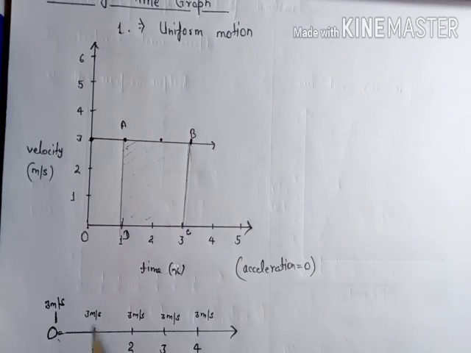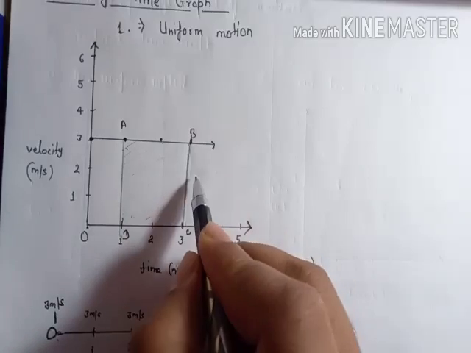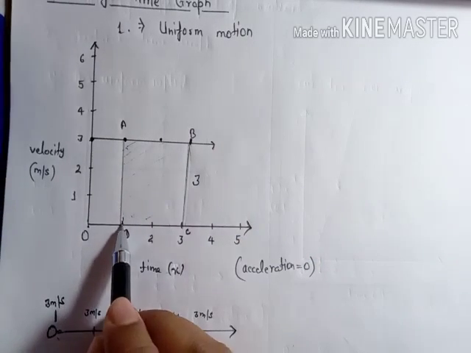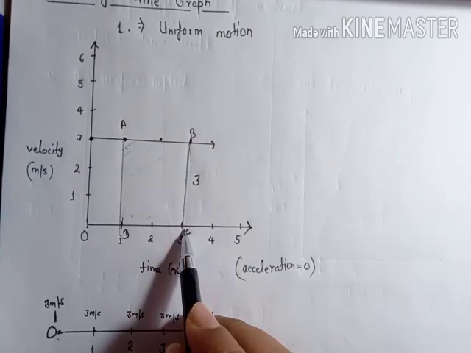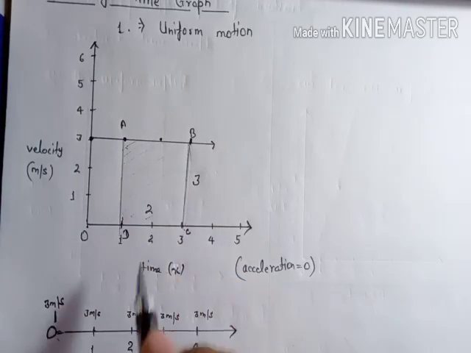See, the side of this rectangle is from 0 to 3, so it is 3, and this side of the rectangle is from 1 to 3, so it is 2. 3 minus 1 becomes 2. Now if you multiply these, you will get the distance traveled.